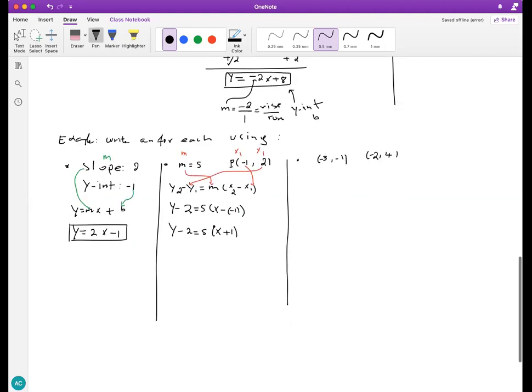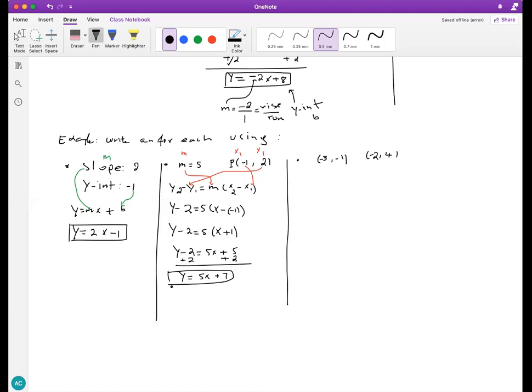And now we're going to distribute before canceling the -2. So we distribute, so it's 5x plus 5. Finally, add 2 here. So y equals 5x plus 7. And the equation is done.